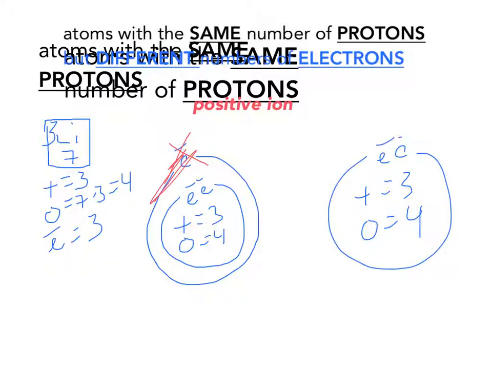But if we take a look at this, there are 3 protons, which has to be lithium, but now there's only 2 electrons, which means there's one more positive than negative charge, which means that this becomes Li plus 1, and is also known as a positive ion.